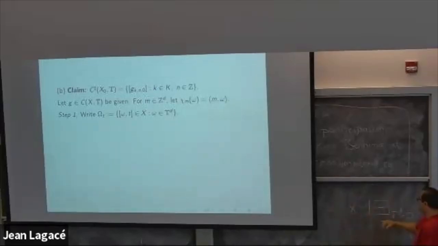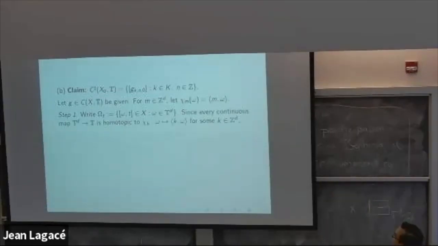And of course, each T^d times a fixed little t is basically the same as T^d. So each of these slices is basically a T^d. If I have a continuous function on all of X, it's certainly continuous on each of these slices. And as a continuous function on T^d, it will be homotopic to a character.